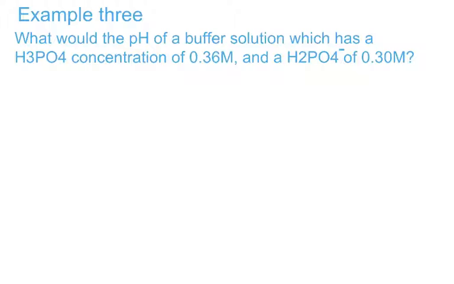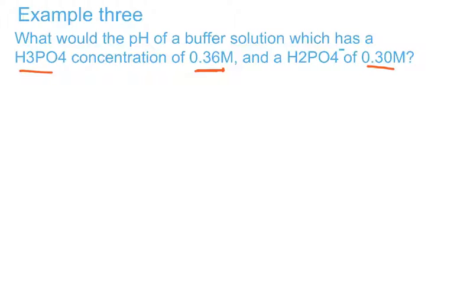So the pH will not be equal to the pKa. But if you know that this one is your acid, you can make a prediction that since the acid has a higher concentration than the conjugate base, the pH will be a little lower than the pKa.